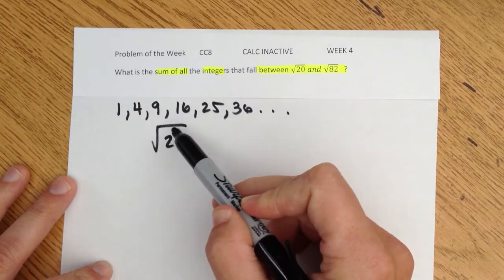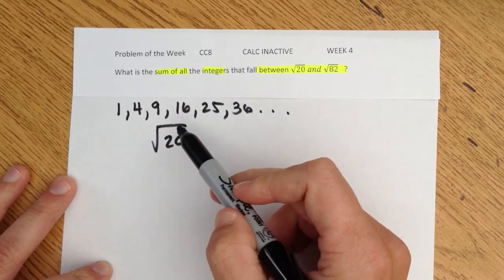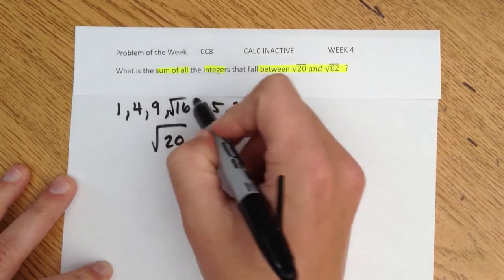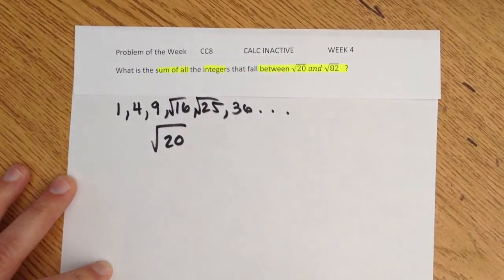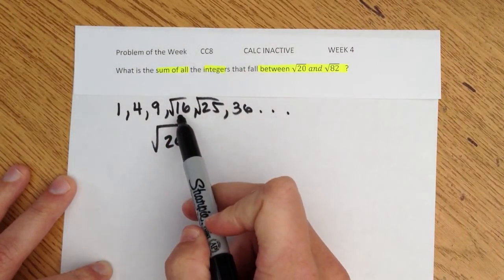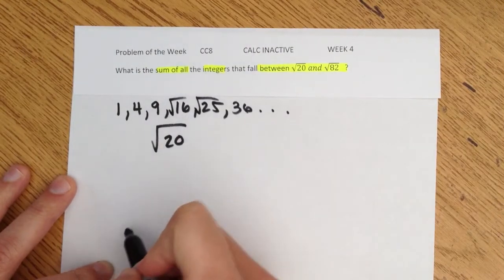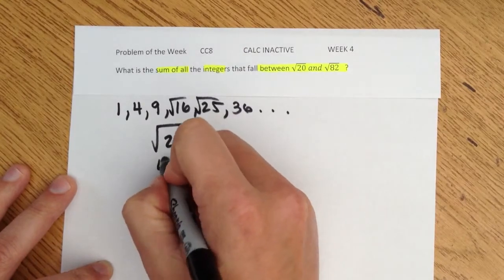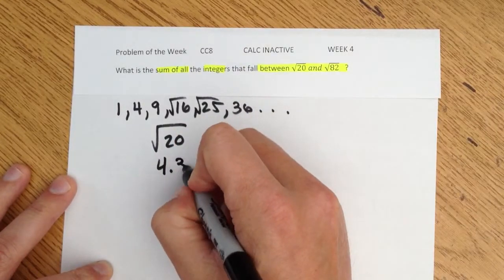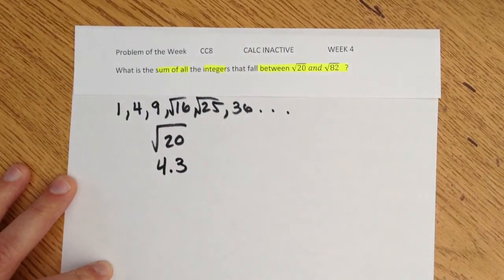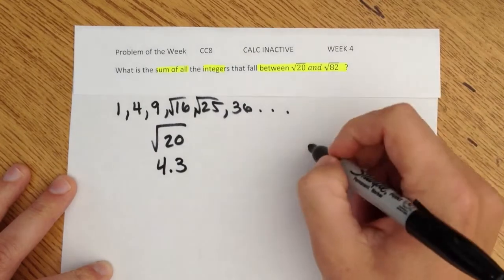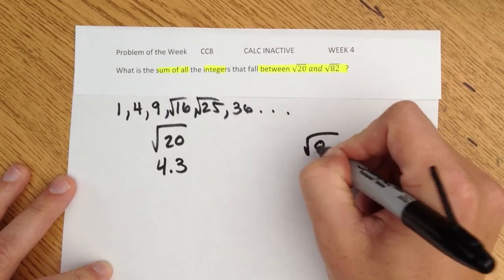What that tells me is this value is somewhere in between the square root of 16 and the square root of 25. Well, the square root of 16 is 4, the square root of 25 is 5. So this value is approximately 4.3, about.